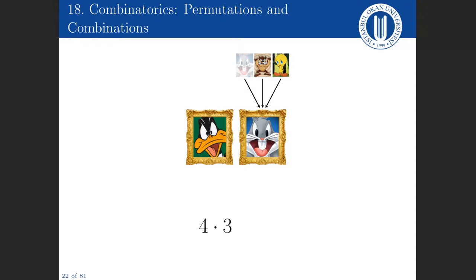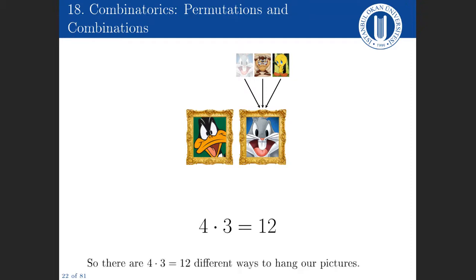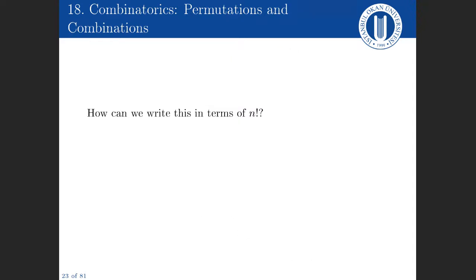And that's 4 multiplied by 3 different choices, or 12, which is what I got when I did my list. How can we write this in terms of n factorial? Well, we have 12, which is 4 multiplied by 3. That's the same as 4 factorial divided by 2 factorial.